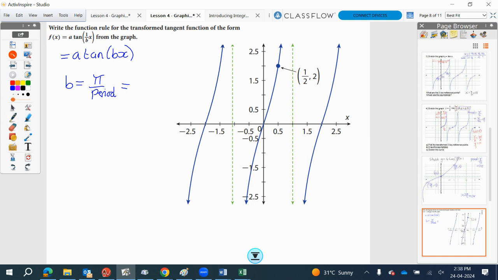So how's it... Oh, yes, the period is 2. This is 1. The period is 2. So we've got pi over 2, which is B. The stretch, we can see the stretch here. They've stretched it by doubling it.